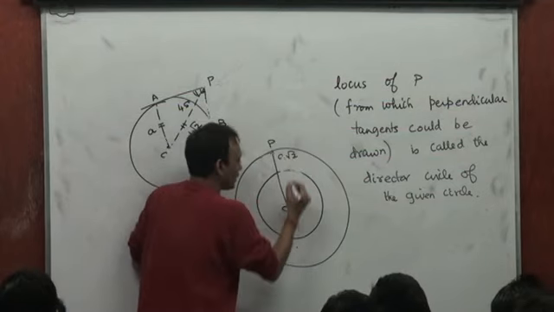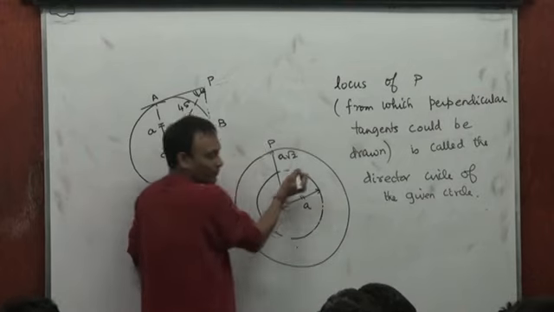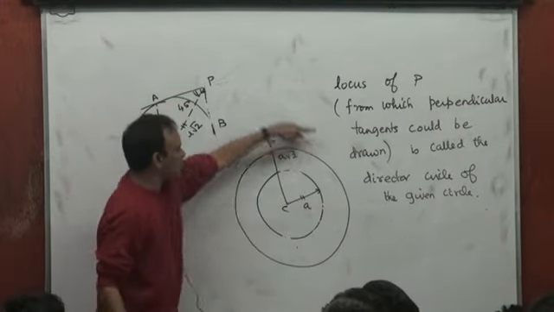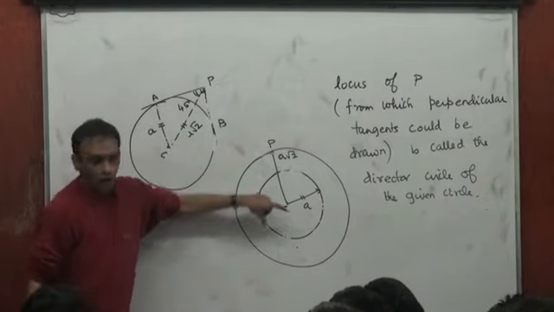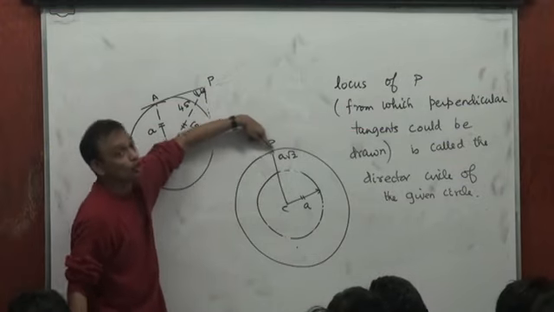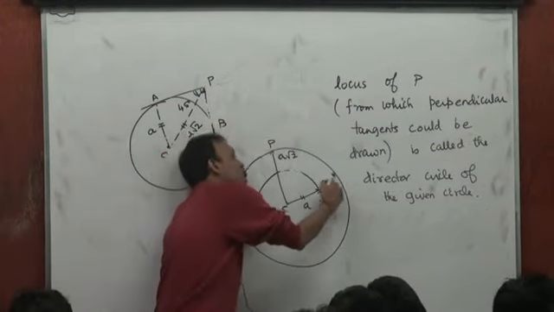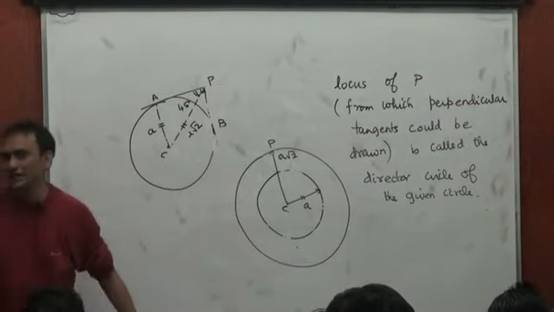The point P could lie anywhere on the circle whose radius is A root 2, yes or no? All points on the circle whose center is C and whose radius is A root 2 would produce tangents to the mother circle that are perpendicular or orthogonal, yes or no?